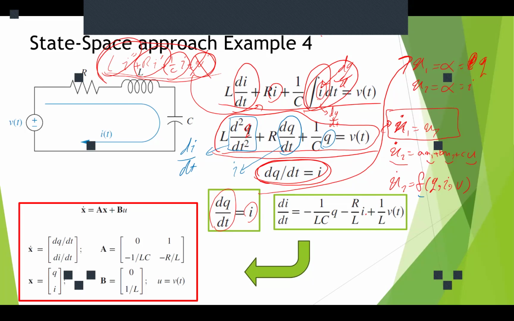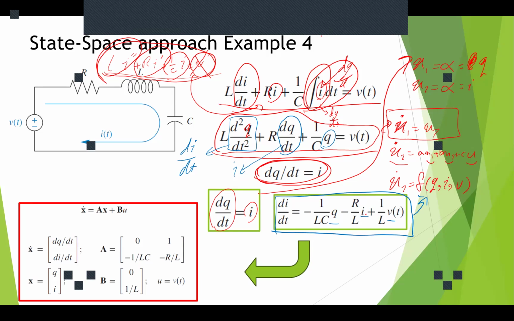Are we good? Now, if we replace these with di over dt and I, we have a new equation that describes the first order differential of I based on q and I and input, which is what we want in the first place. Are we good now?